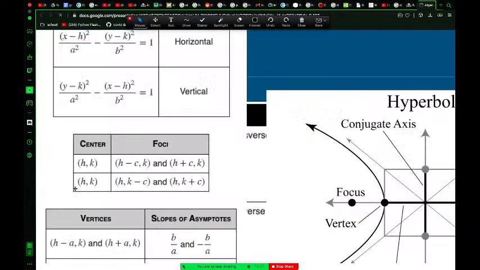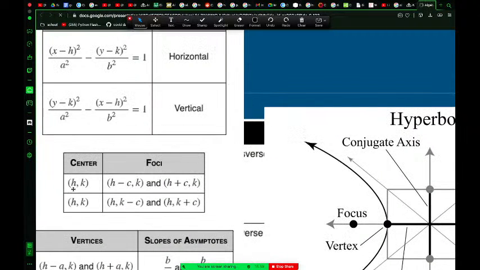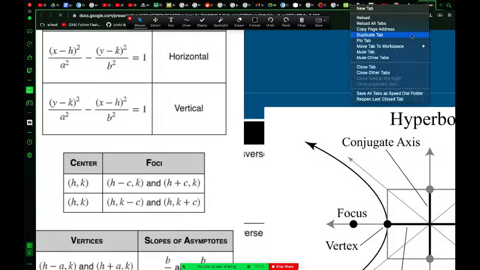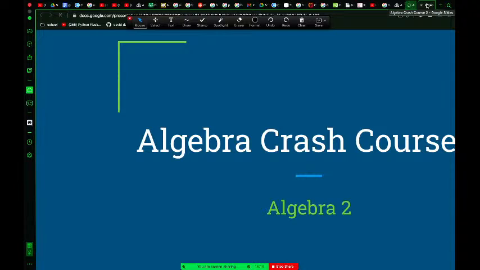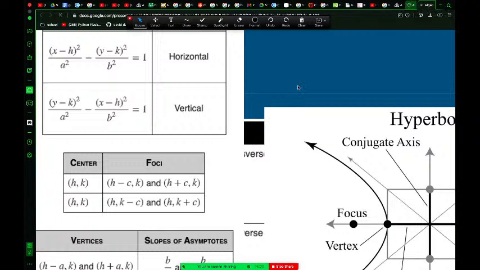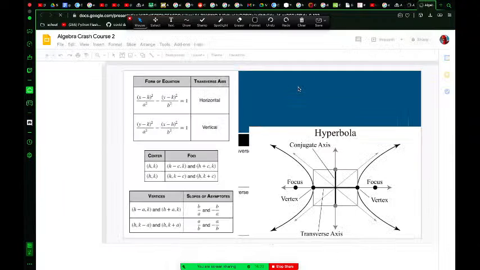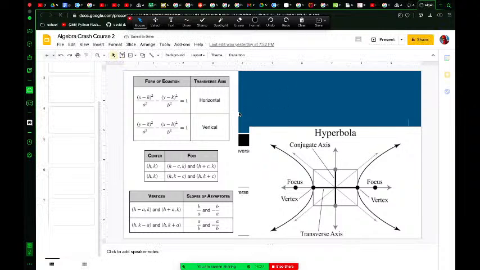Oh my gosh, I can't seem to get this to work, so I'm just going to duplicate this tab. Okay, this does not seem like it wants to work. Okay, there we go. Let's hope that it doesn't pop back.